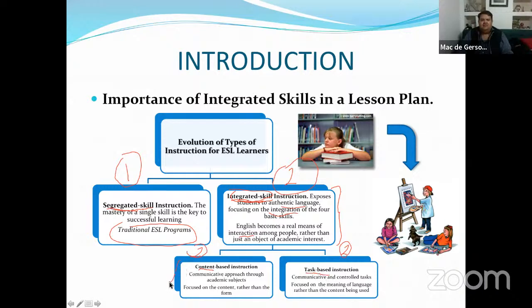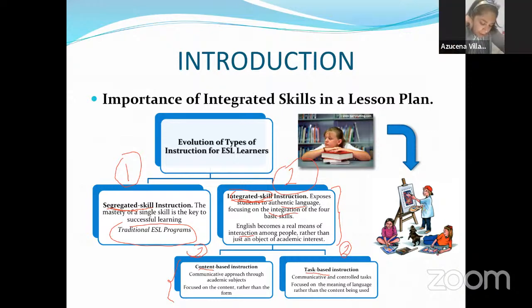Azucena, can you read content-based, please? Okay, content-based instructions. Communicative approach through academic subjects focus on the content rated in the form.